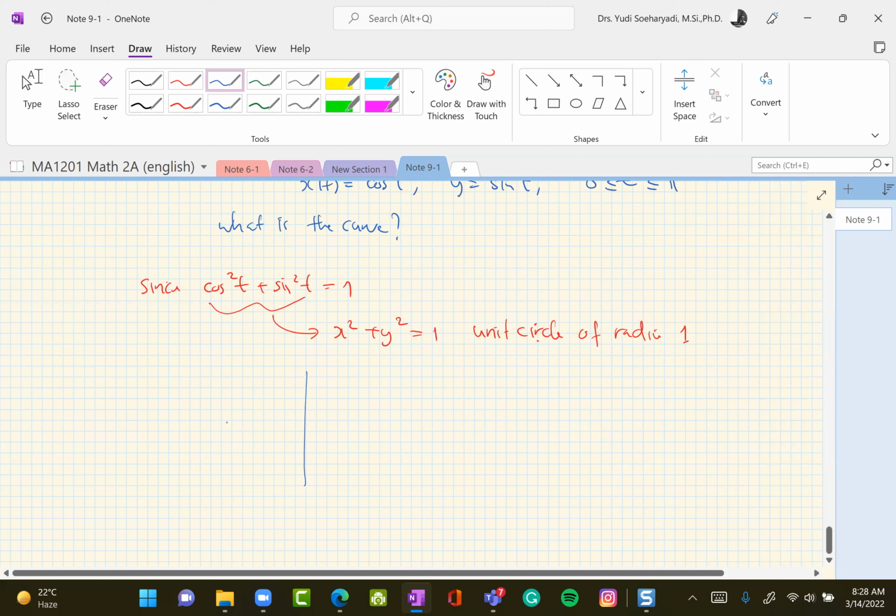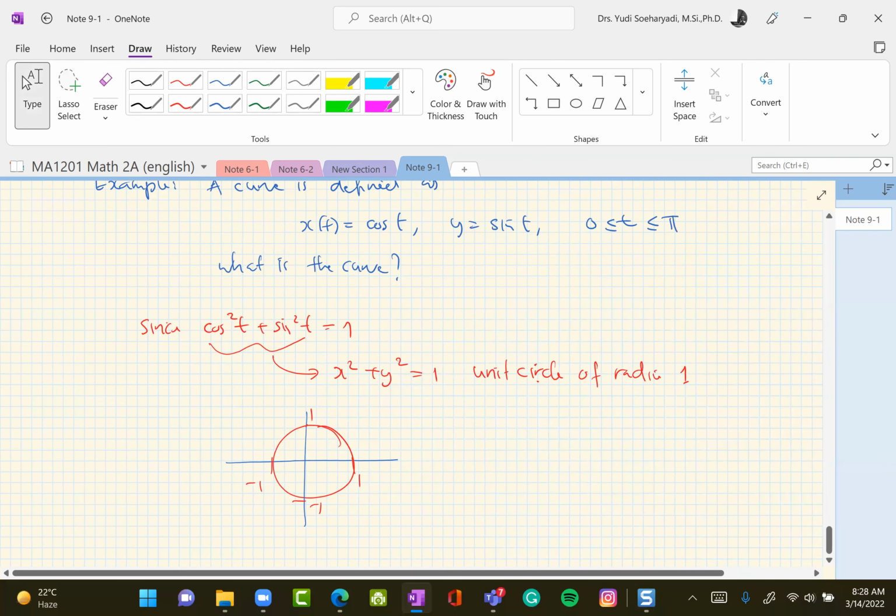This curve is a circle. But is it really the circle of radius 1? Let's see. It starts at time 0.